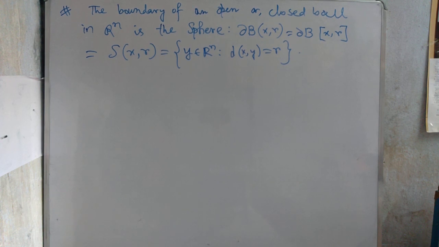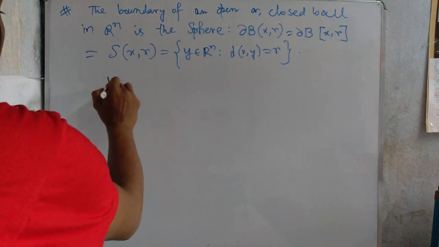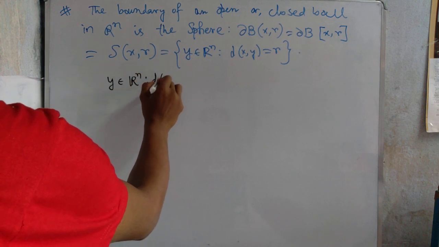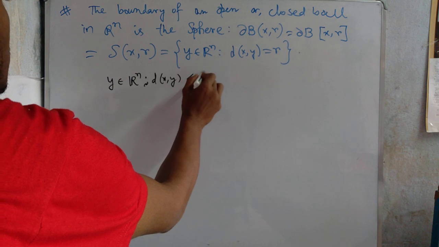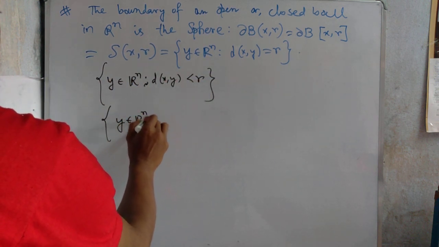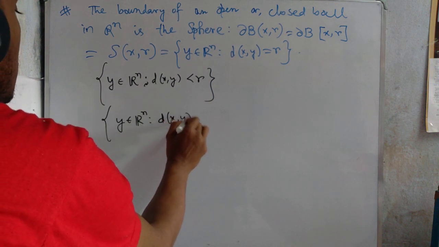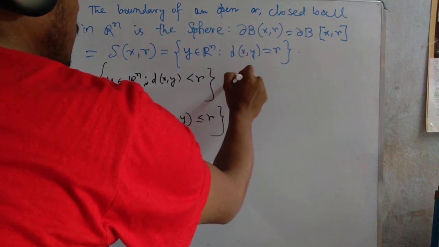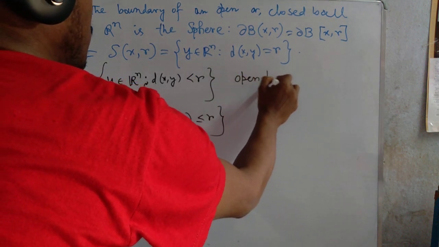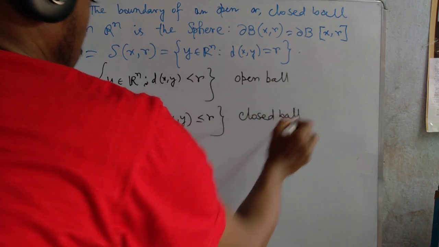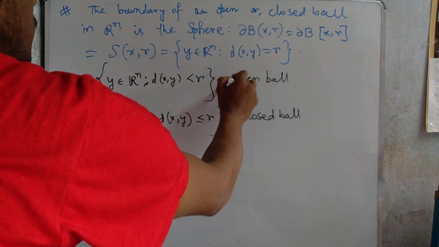The open ball is the set of y belonging to R^n such that d(x, y) is less than r, and the closed ball is the set of y in R^n such that d(x, y) is less than or equal to r. This one is the open ball, this one is the closed ball.